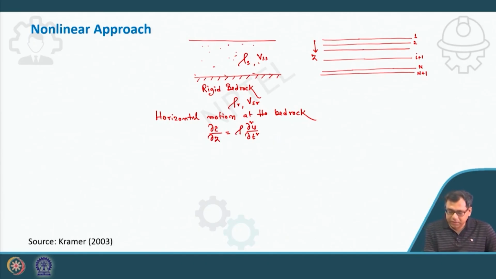Now del square u by del t square, I can write as del u dot by del t.